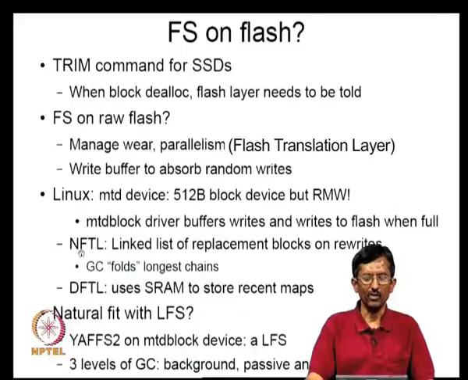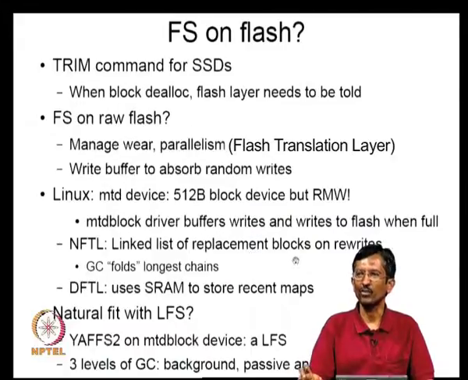There is also one type of FTL, NFTL. Basically, they have what are called primary blocks and replacement blocks. Anytime you rewrite a particular block, you write it into replacement blocks.